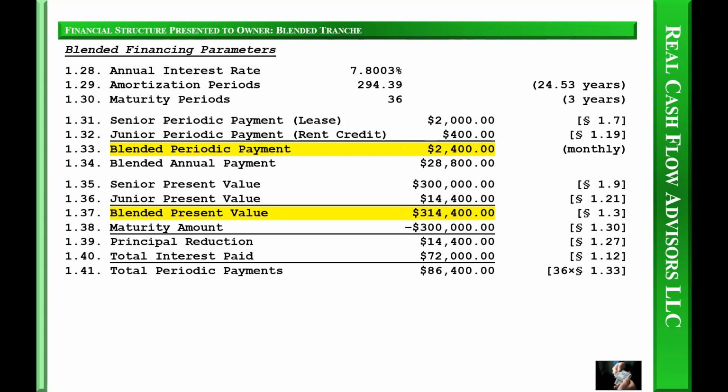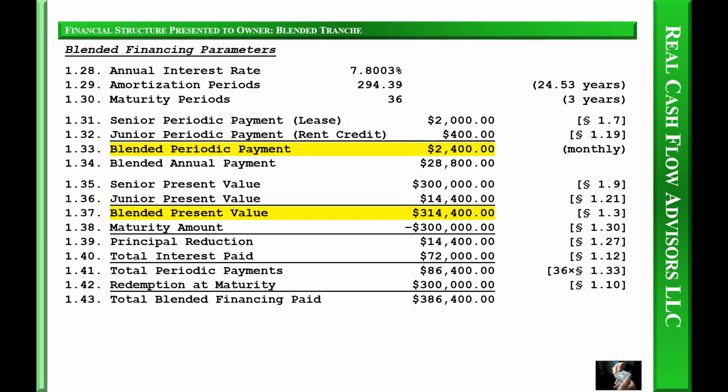Total periodic payments, $86,400. That's 36 payments of $2,400. Redemption at maturity, $300,000. Total blended financing paid, $386,400. Financial structure presented to tenant buyer.